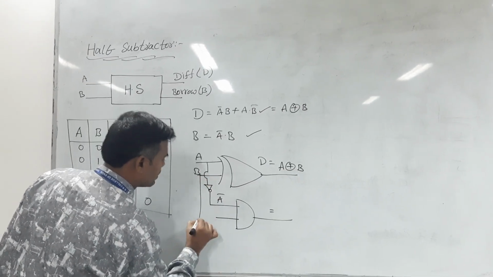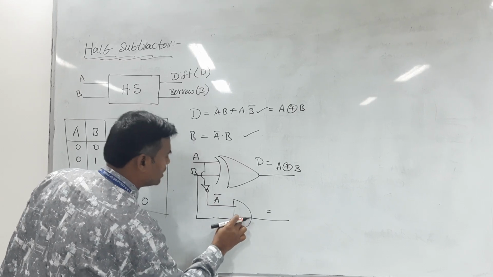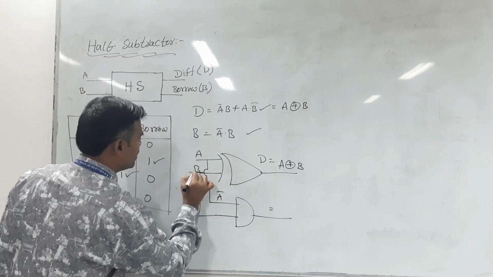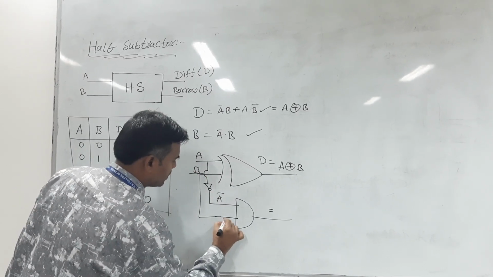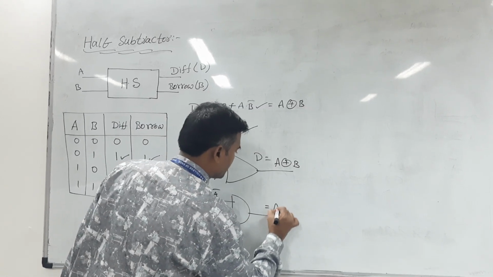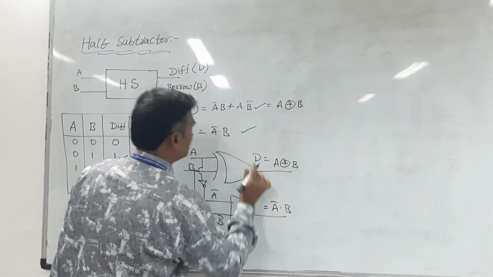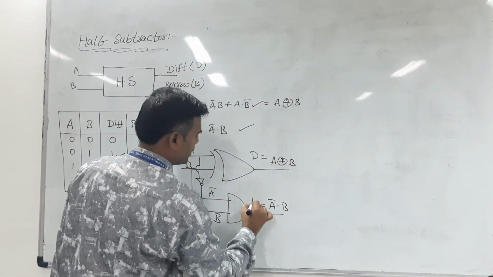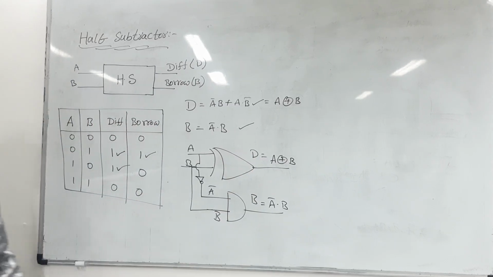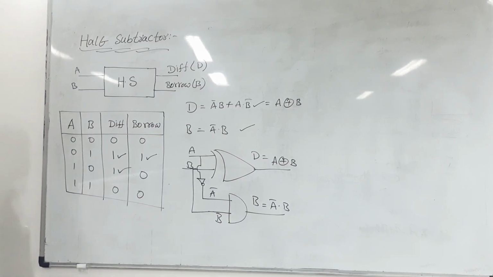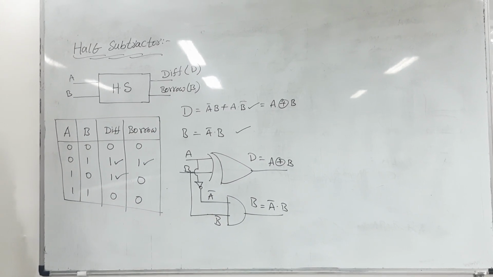Connect that to one input of the AND gate, and to the second input of the AND gate connect the B signal. The output is the product of inputs, A bar into B, and we call it the borrow B. So this is the way to design the logic diagram for the half subtractor. Thank you.